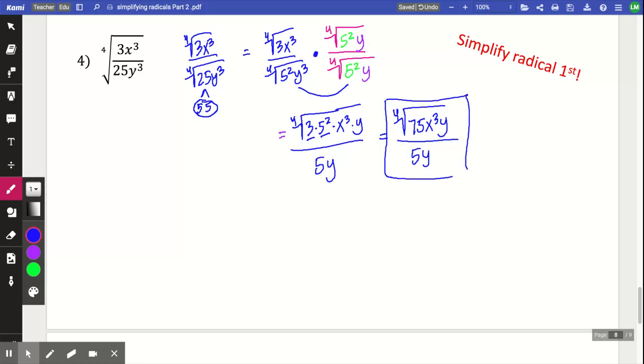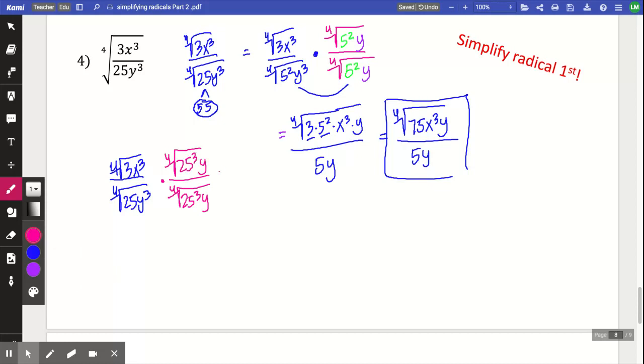At the beginning, here's the thing. If you had the 4th root of 3x cubed over the 4th root of 25y to the 3rd, and you created groups of 25, you would have 25 to the 3rd y.